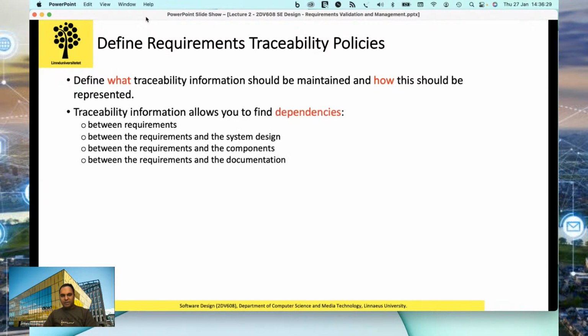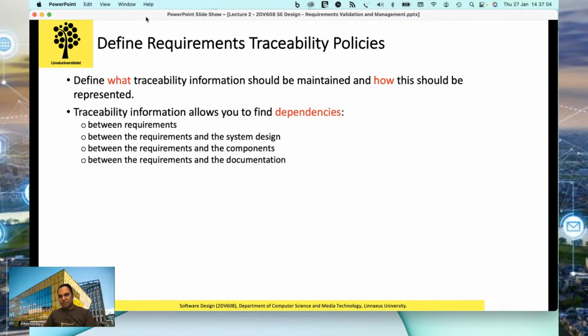So there could be multiple different types of traceability information. For example, traceability between requirements, so basically the dependency between requirements. The dependency between the requirements and the system design is another type of traceability. So which part of the system design is linked to which requirement, and then the traceability between requirements and components, and at the same time traceability between requirements and documentation.